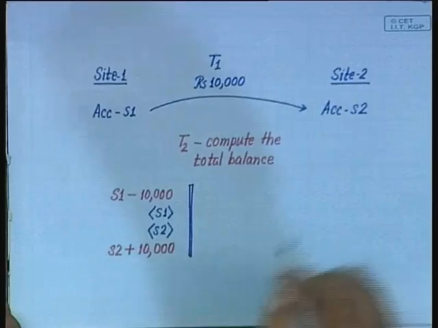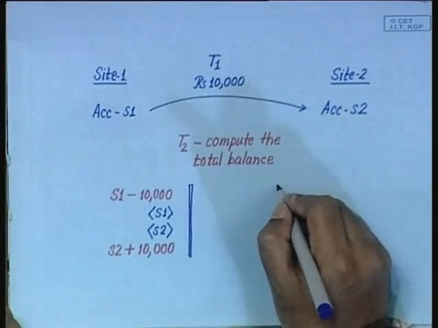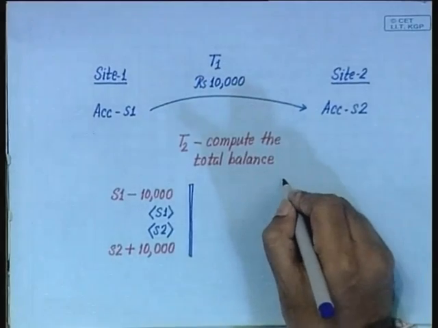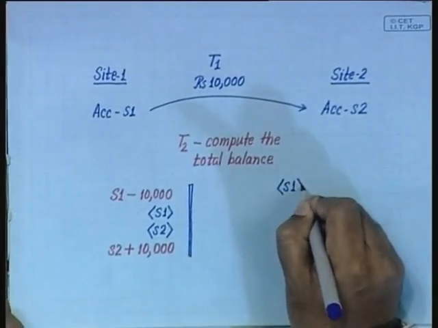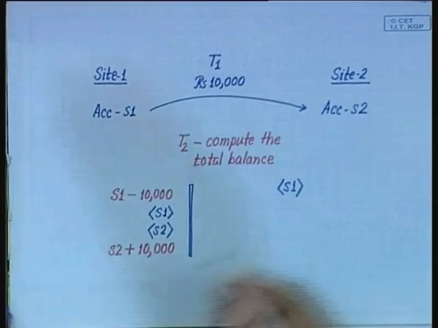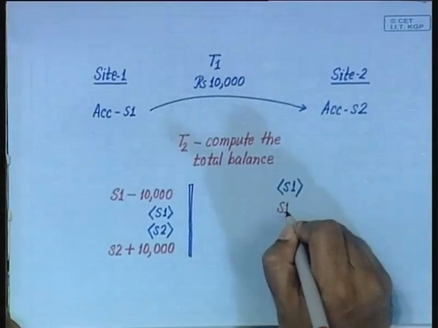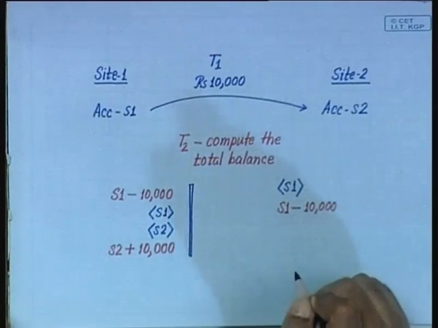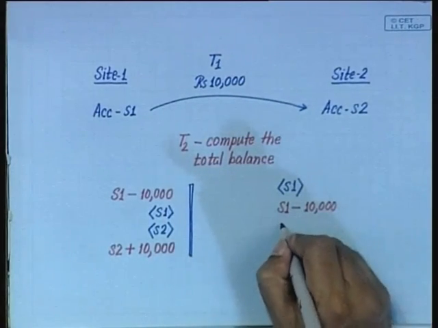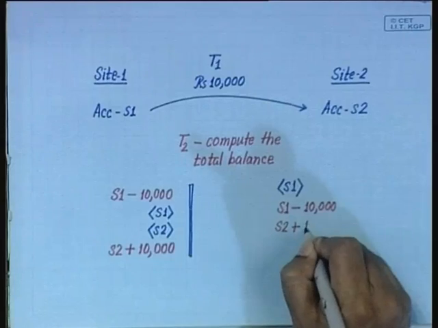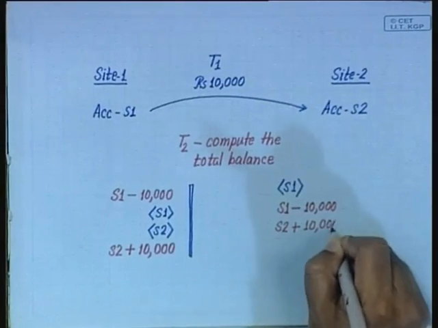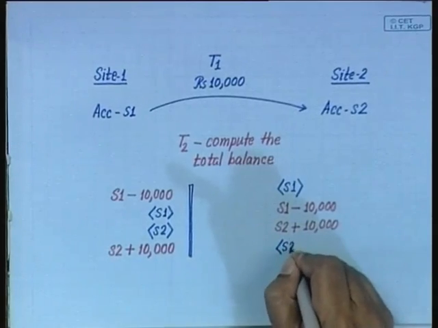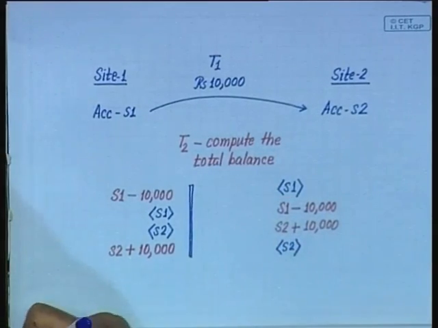Consider another situation where the state of S1 is recorded before the deduction. So, we record the state of S1, then we do S1 minus 10,000, right, and then we do S2 plus 10,000, then we record S2, the balance of S2.